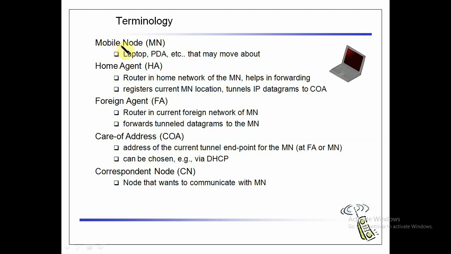The first one is the mobile node. A mobile node is an end system or a router that can change its point of attachment to the internet using mobile IP. The mobile node keeps its IP address and can continuously communicate with any other system in the internet, that is, the link layer connectivity is given.